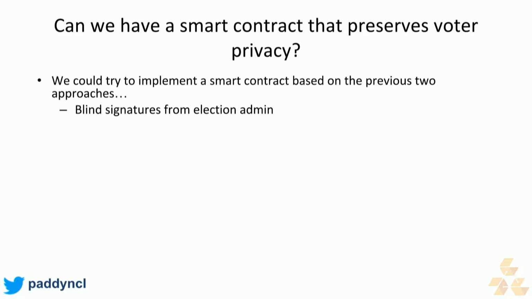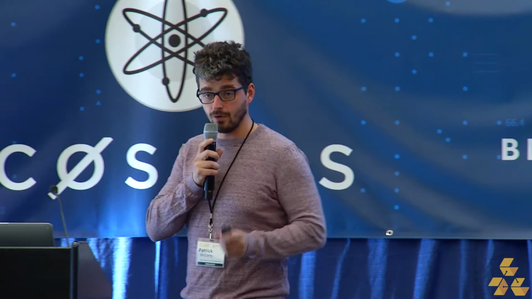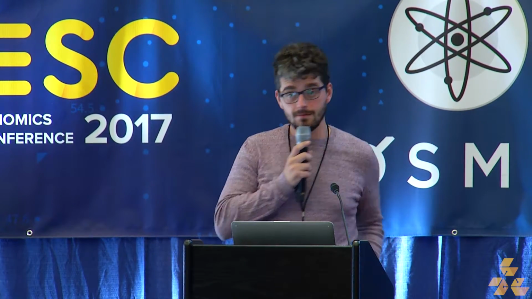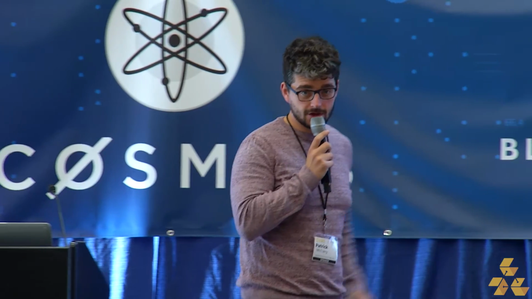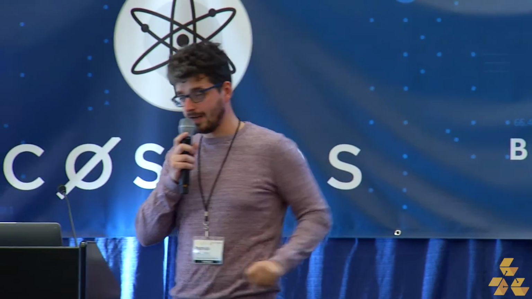So you can imagine during a registration stage, we have a group of voters, and every single voter creates a voting key. Every voter blinds their voting key with some randomness, and then everyone gives their blinded voting key to the election administrator. Then the election administrator will sign each blinded token, and then give it back to the voters at the end of the sign-up stage.